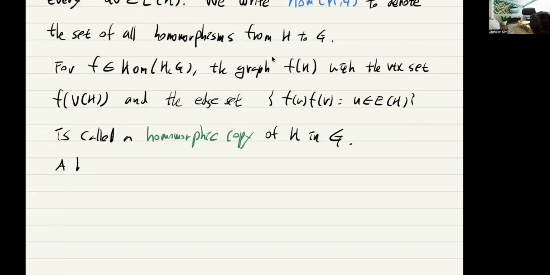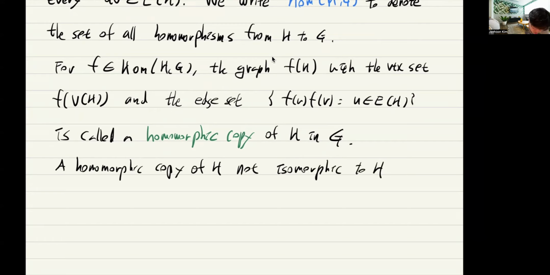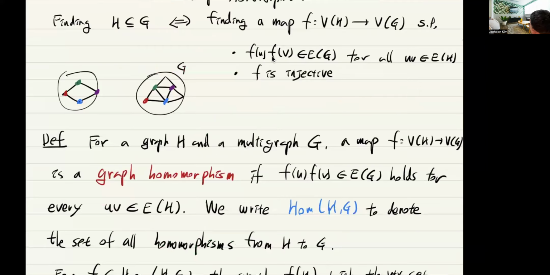And if this homomorphic copy of H is not isomorphic to H, which means that F was not injective, then its image is called a degenerate copy of H. So in the above case, what could be the case?